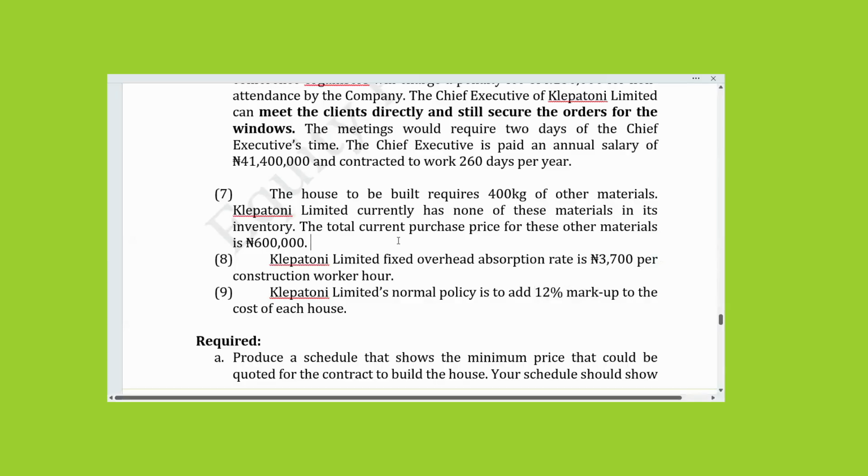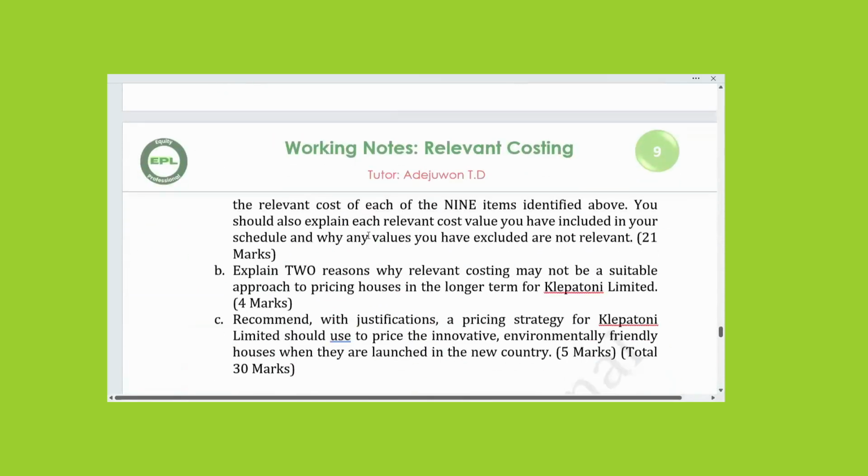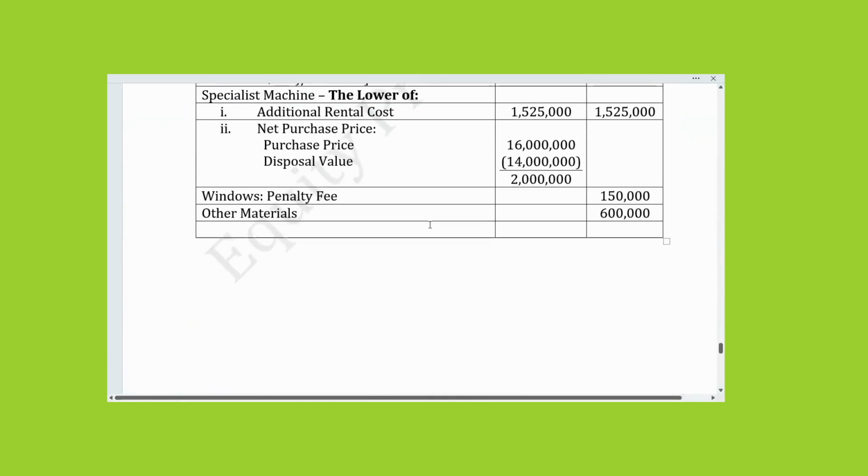You are not to determine the contract price. When you include profit in your cost, that means you want to determine your contract price, the minimum you can collect from that customer. But here you are told to determine a price that will equal the relevant cost. So this markup is irrelevant. You ignore it. That is that.